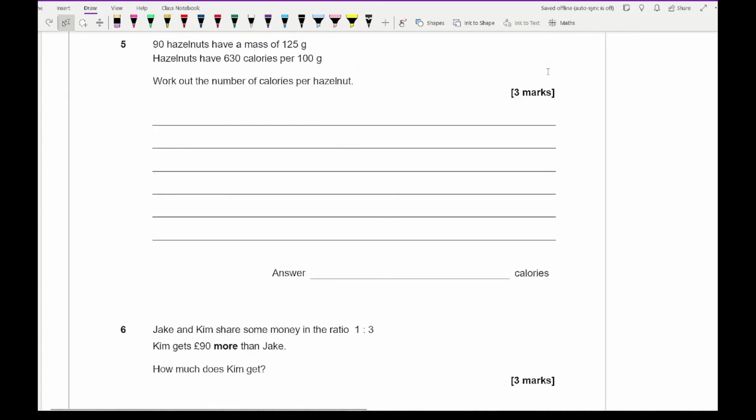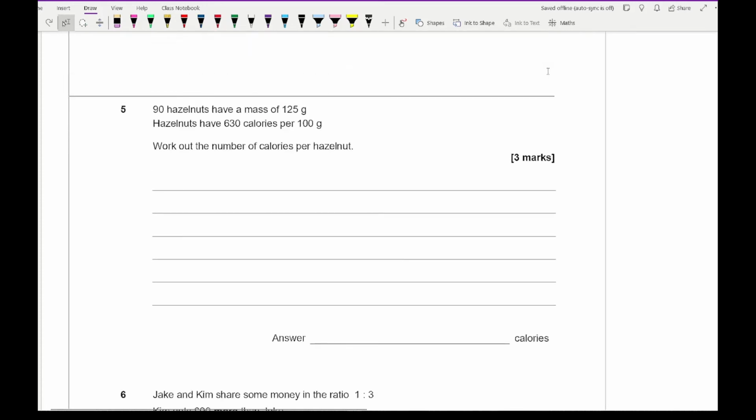Moving on to question 5, it says that 90 hazelnuts have a mass of 125 grams. Hazelnuts have 360 calories per 100 grams, and the question is asking us to work out the number of calories per hazelnut. Now there's several ways in which you can do this, but I'm just going to do it one way that simply comes to my head.